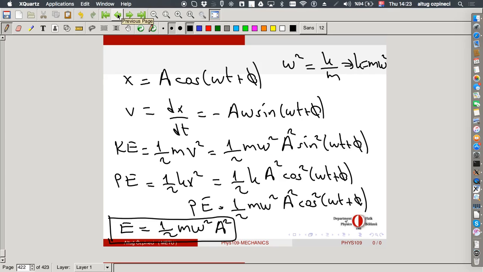This is where we derive it. Kinetic energy is 1 over 2 m v squared, the velocity of the object squared. We know how the position changes as a function of time, and hence we know how its velocity changes as a function of time.